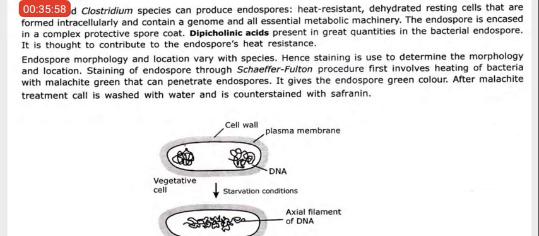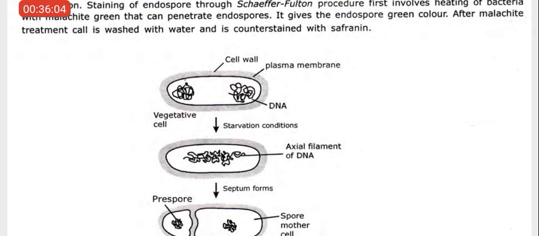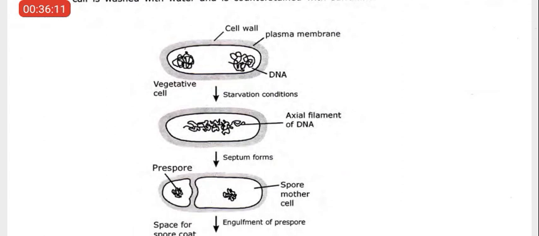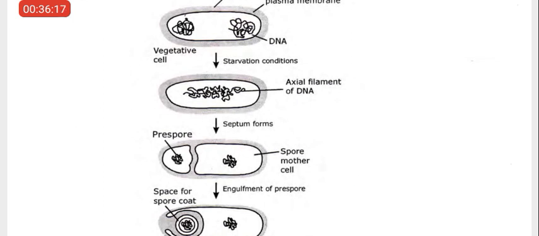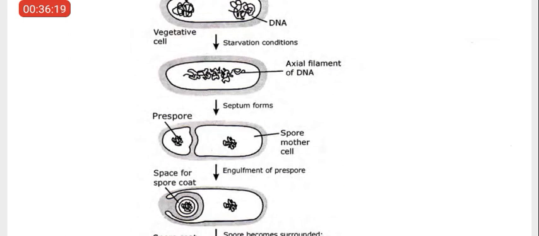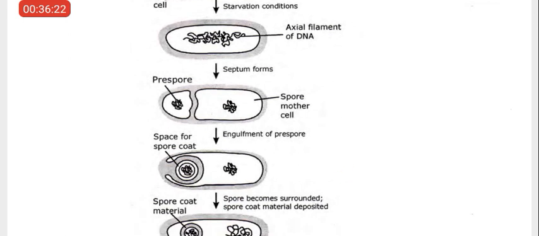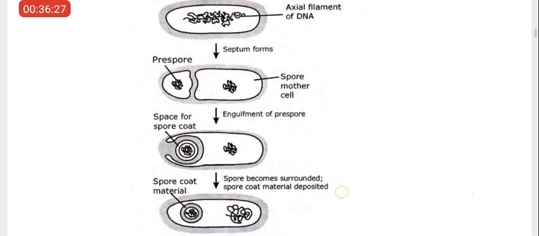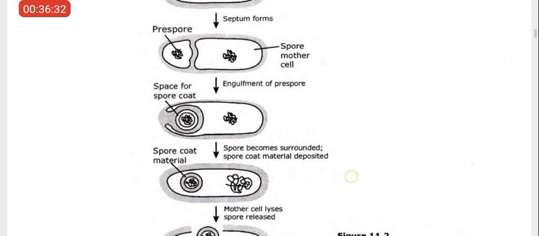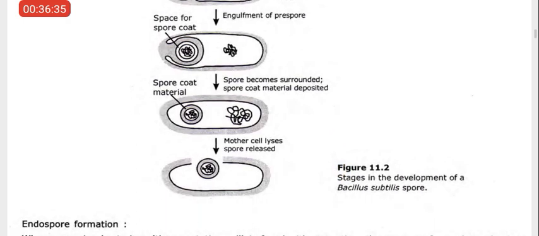Cell wall, vegetative cell, plasma membrane, DNA. Starvation conditions, axial filament of DNA, septum forms, pre-spore, spore mother cell, then space for spore coat, engulfment of pre-spore, spore coat material, then spore becomes surrounded, spore coat material deposited, mother cell lysis, spore released.